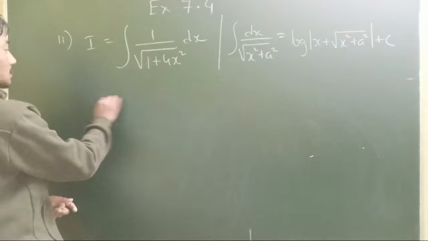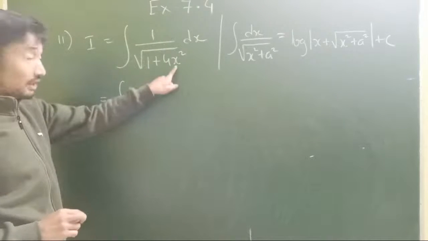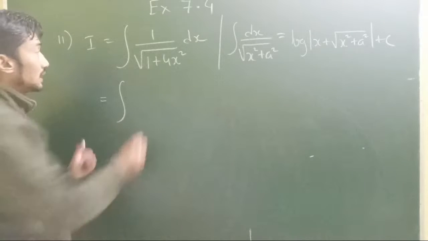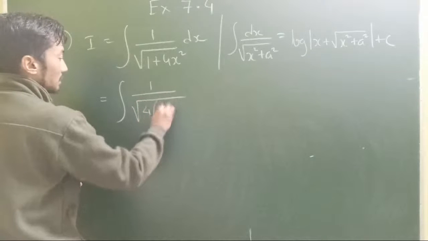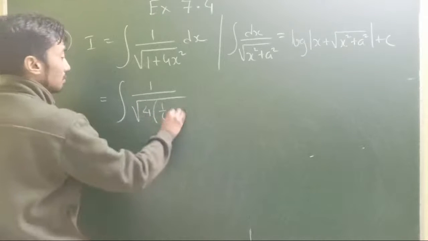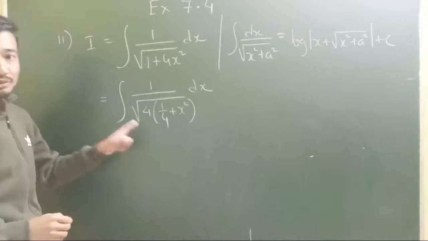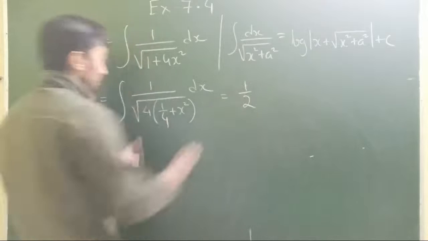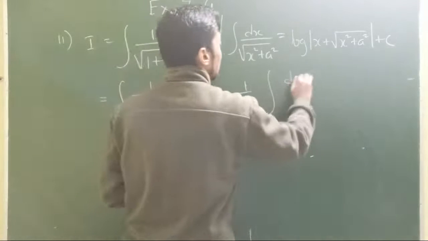So what I'll do is keep this variable x free of the coefficients. That can be done with simple mathematics by taking 4 common, so that becomes 1 by 4 plus x squared. Now the square root of 4 is 2, so I'll take that out.